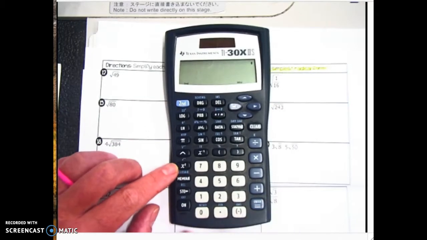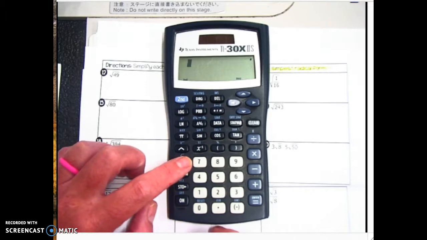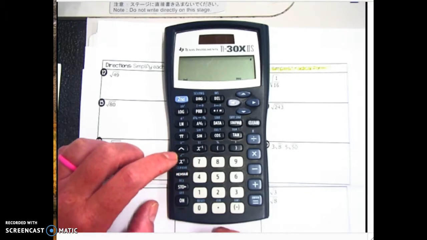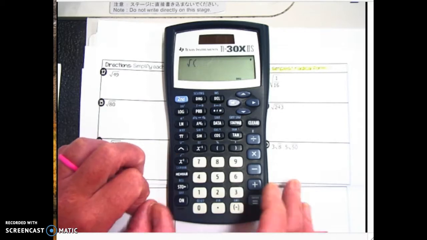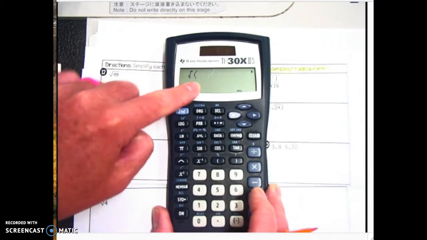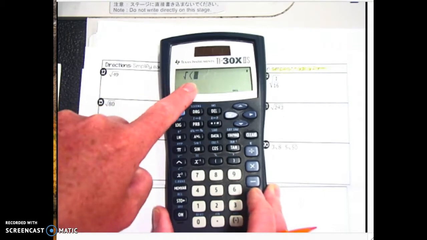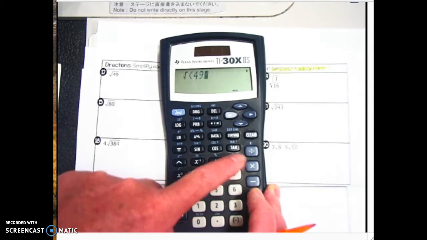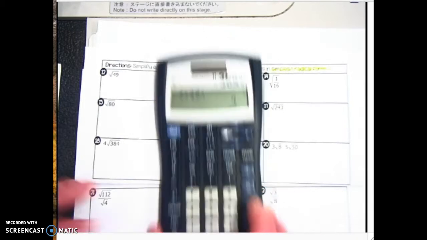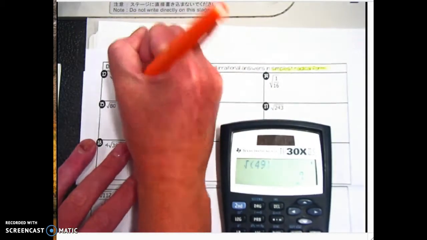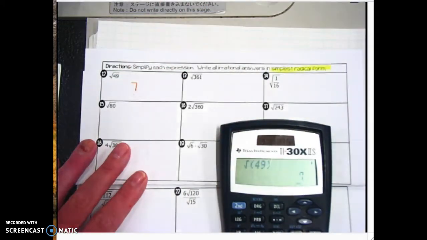And then you're going to go to this button that says x squared, and above it, really small in light blue, has a square root. So when you push that button, it should display a square root on your screen. And then you simply type 49, hit the equal sign, and it gives you 7. Most of you knew that, right? Okay.